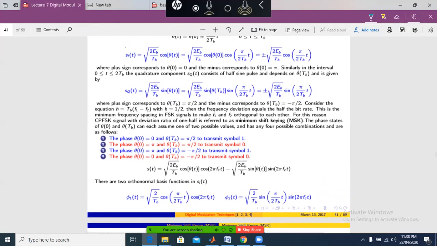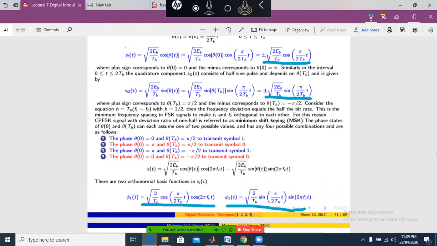Next we relate these two equations. So look at S1 of t with plus minus, and SQ of t with plus minus, and phi 1 of t and phi 2 of t.